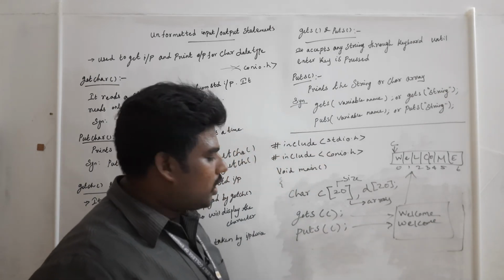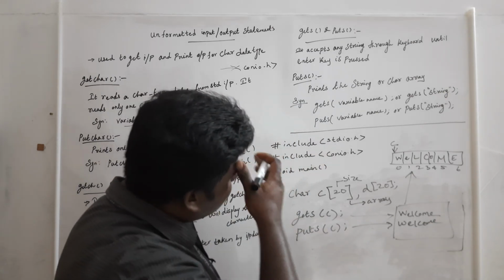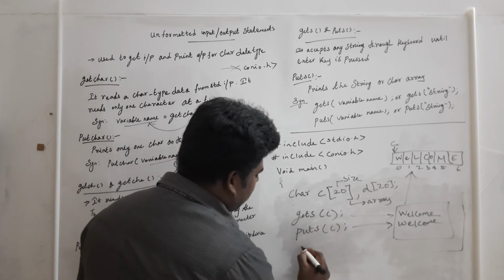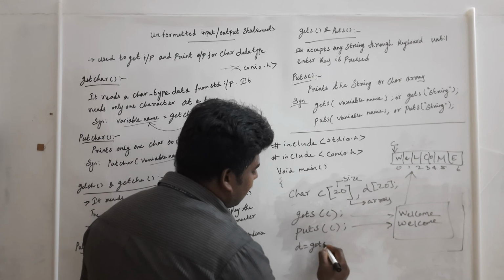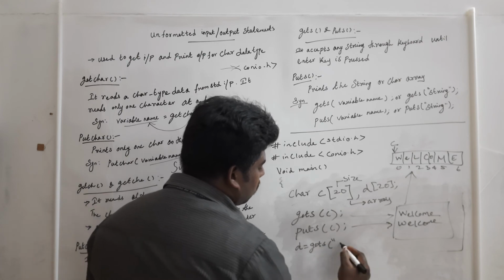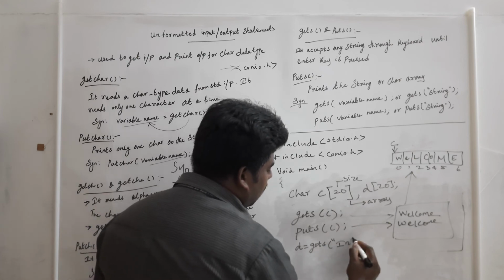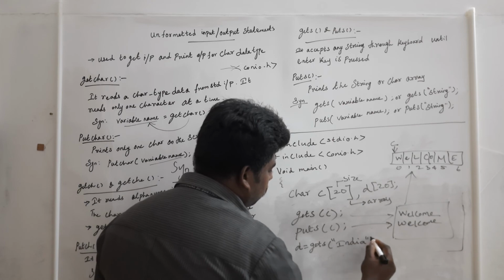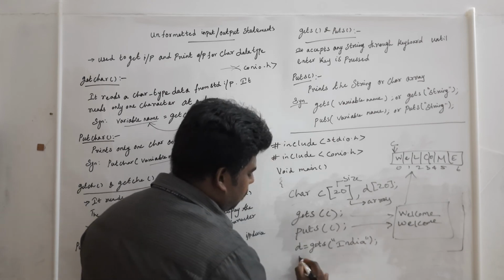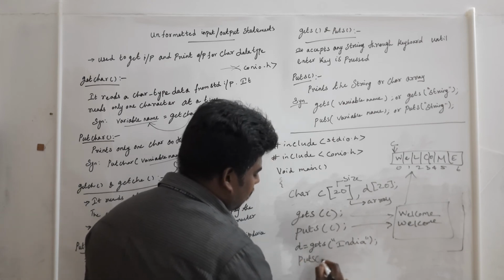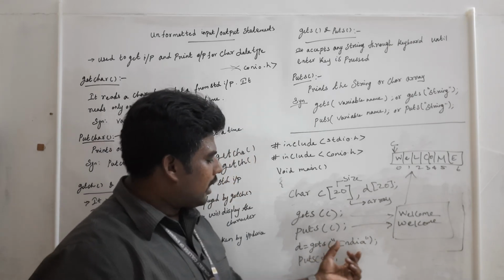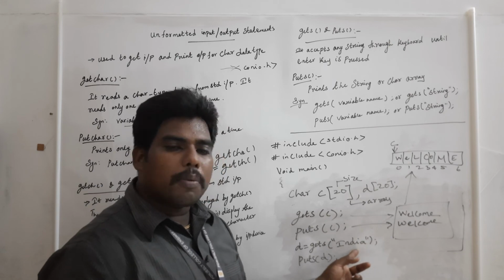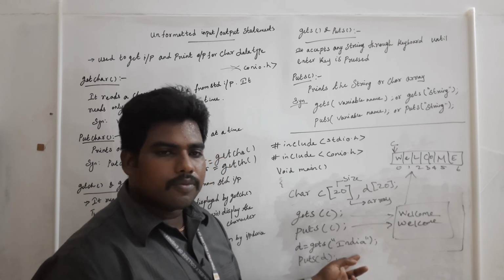This is the way you can give the input. And another method is that you can directly give it like this: d equal to gets of, here you can give India. Then you can print puts of d. It is also correct. d equal to gets of, directly you are passing a string.